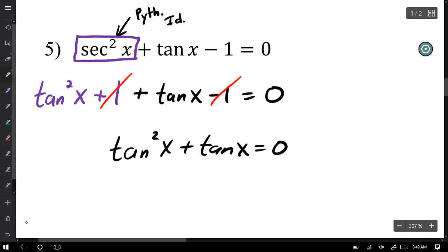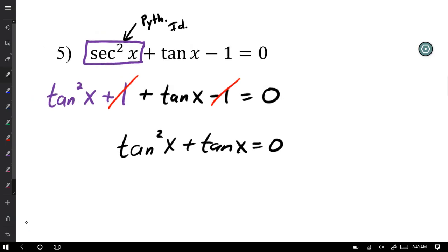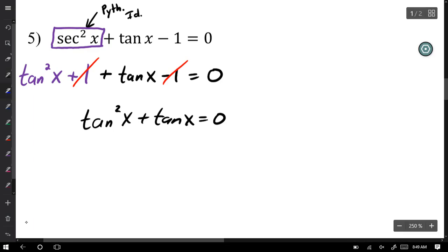Now, if you struggle with solving and factoring trig ratios, you need to keep in mind that they are objects. They are no different than factoring. I'll put it off to the side. If I have a squared plus a equals 0, in this case, you would just use the GCF.